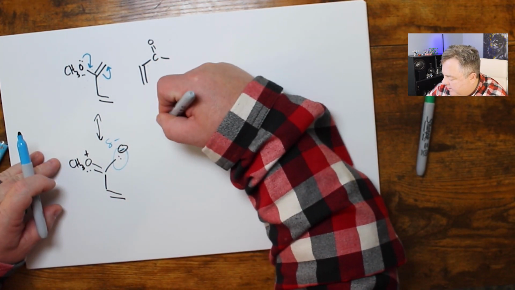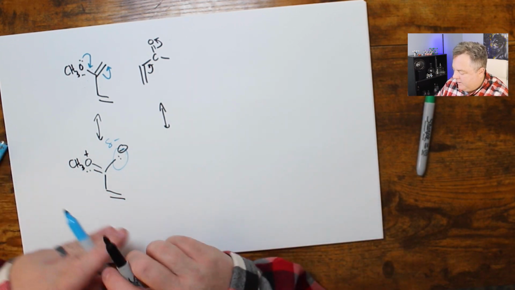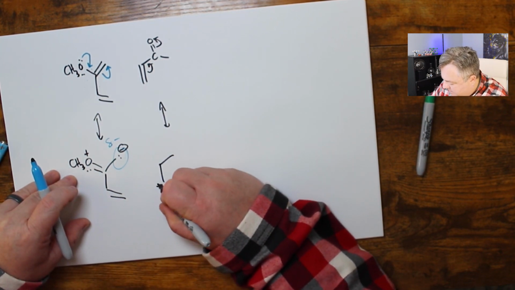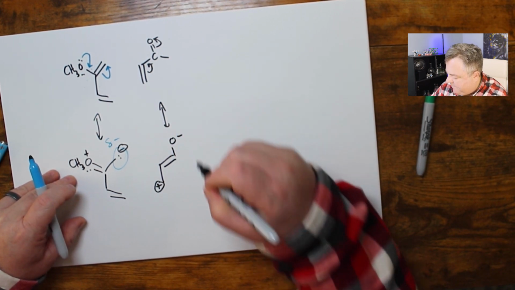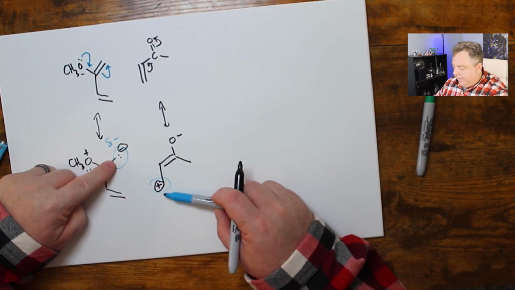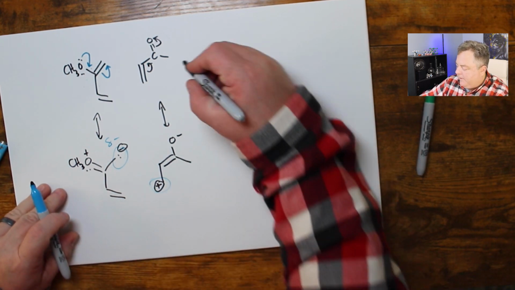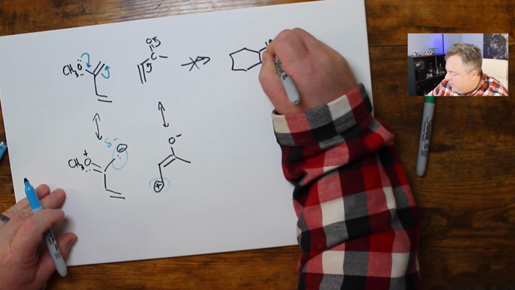Let's see, if I try to push the electrons away, I can go up to the oxygen this way. So this carbon on the bottom is my positive carbon. So are these two getting together if I line them up this way? No, they are not. So I will not make this compound.